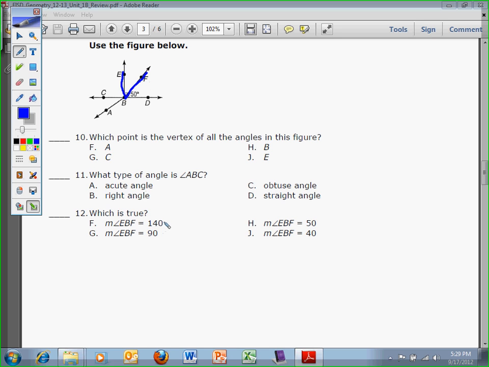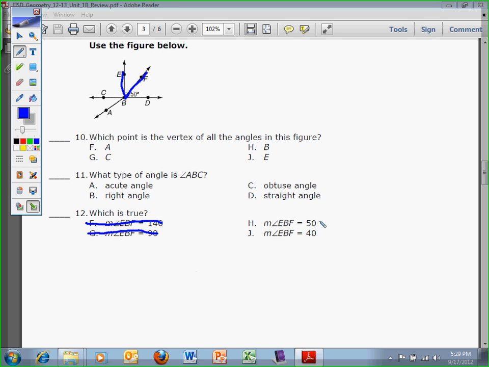So if EBF is less than 90, it can't be 140. It's an acute angle. It's not obtuse. EBF equals 90 degrees. Well, we already said EBD is 90 because the little box here tells us that it's a right angle. And again, it's acute, so it's less than 90. So we're going to mark out G.